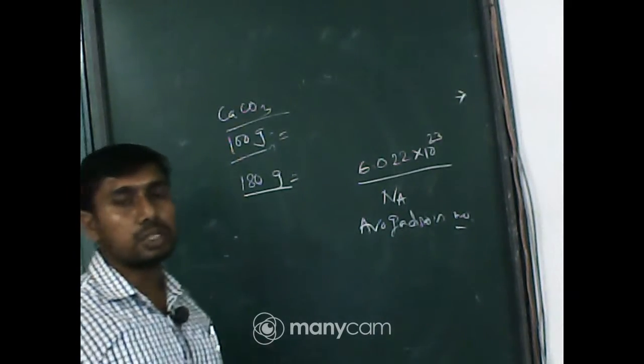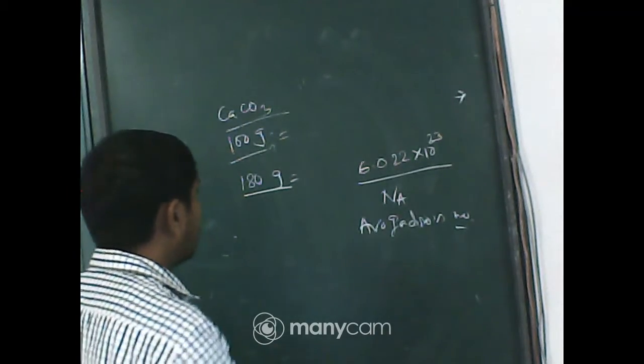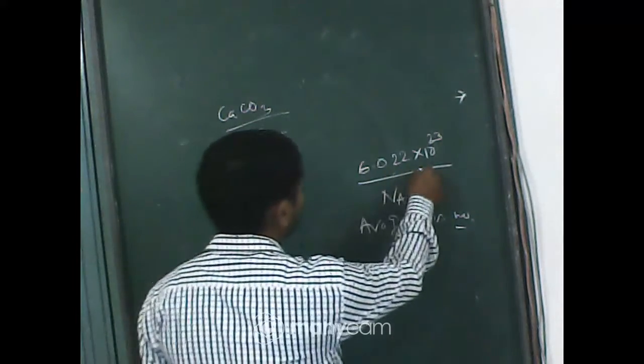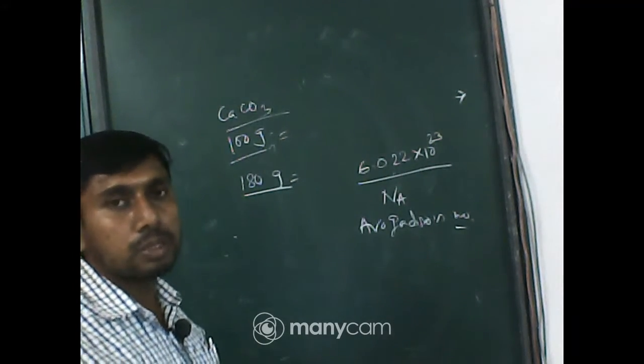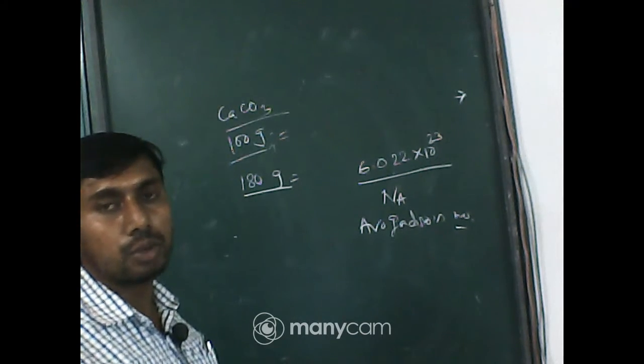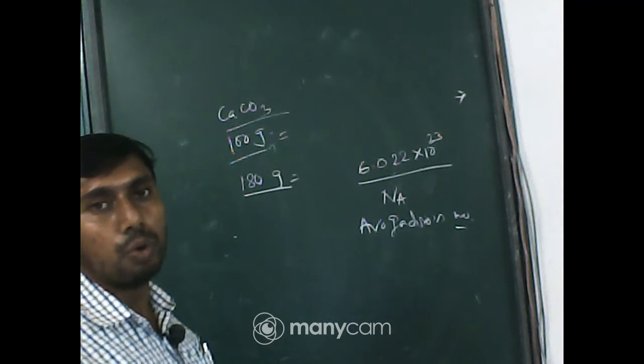In the reverse way, we can say that 6.022 into 10 to the power 23 atoms, molecules, or ions, their mass, is equal to 1 mole.